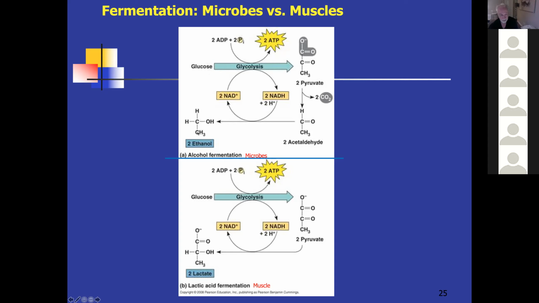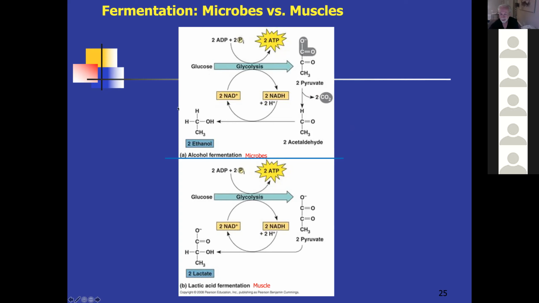Some of you may be cooking for Thanksgiving next week, and you may bake bread. So how are carbon dioxide and ethanol important in bread making? Any of you have baked bread? What are the ingredients? The yeast.